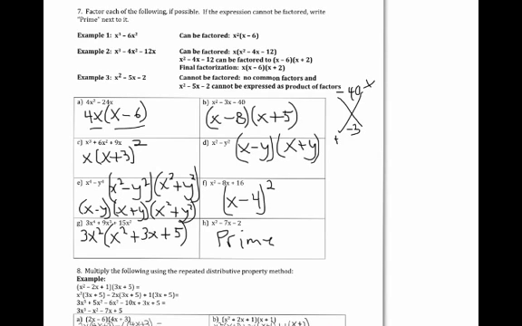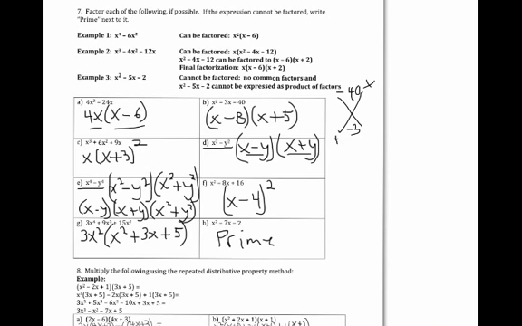Okay, for D, we have the difference of two perfect squares, which always factors to the square root of the first minus the square root of the second times the square root of the first plus the square root of the second. Okay, E, we actually end up with the difference of two perfect squares again, except this time our squares are x to the fourth and y to the fourth.